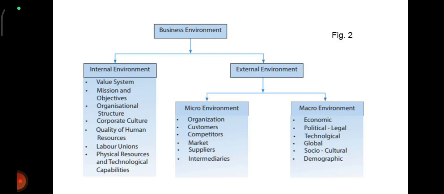But the external environment is divided into two forms. One is the micro environment and the second is the macro environment. In the micro environment come the organization, customers, competitors, market, suppliers, and intermediaries. And in the macro environment come economic, political, legal, social, technological, and demographic factors.